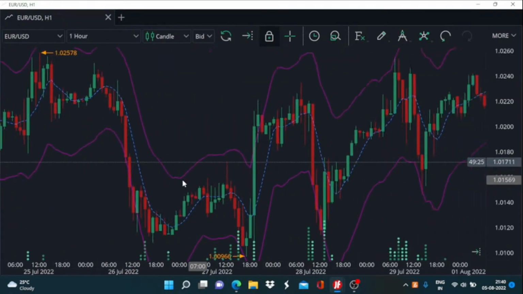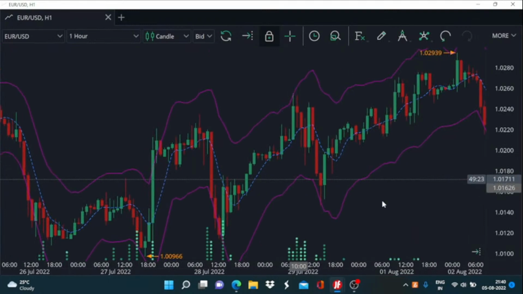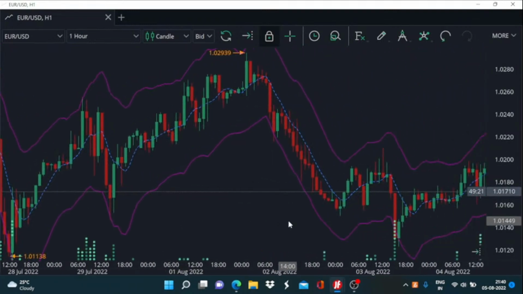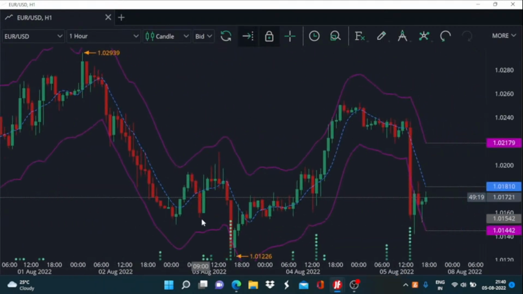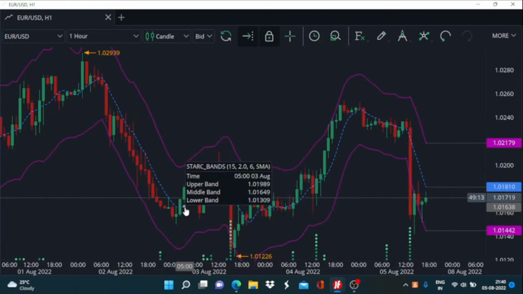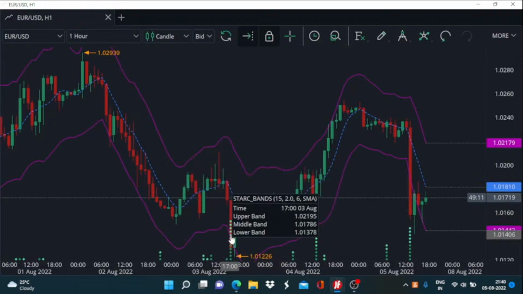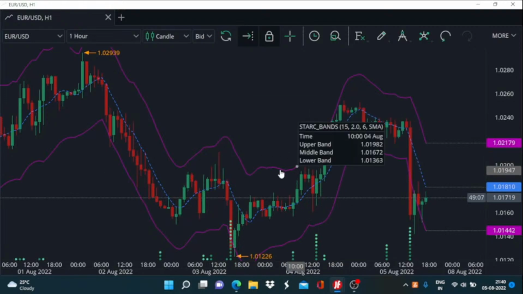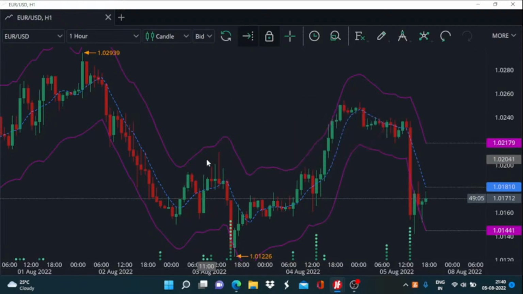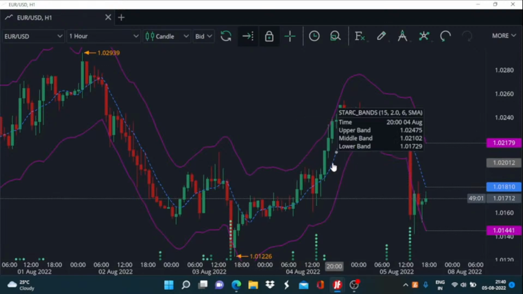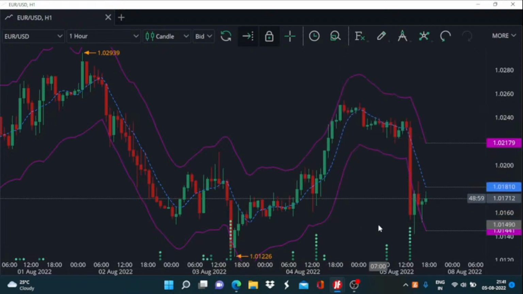But if the market is not trending, and simply moving in a narrow range, in those circumstances, the indicator will work quite well. We will have many opportunities where we will get to buy closer to this lower band and sell closer to this higher band. But of course, in the ranging market as well, the breakout can happen on the higher side as well as on the lower side.